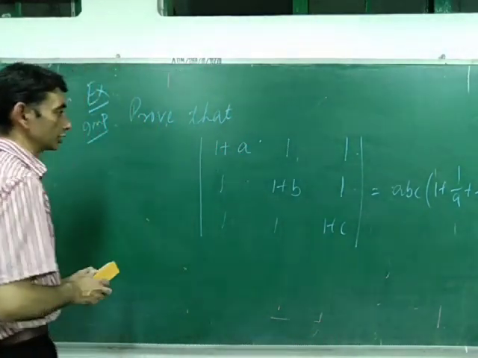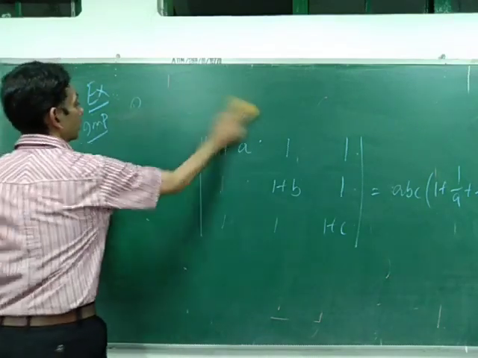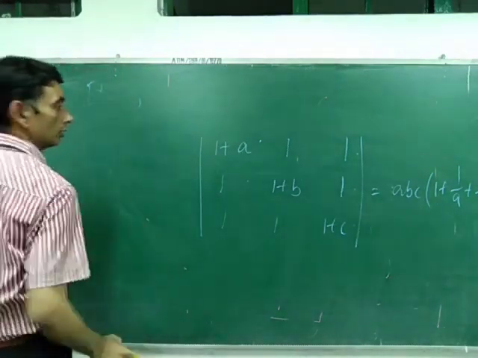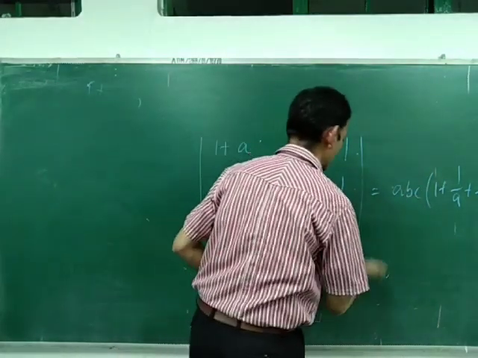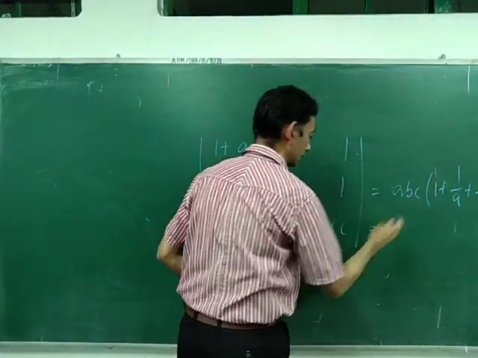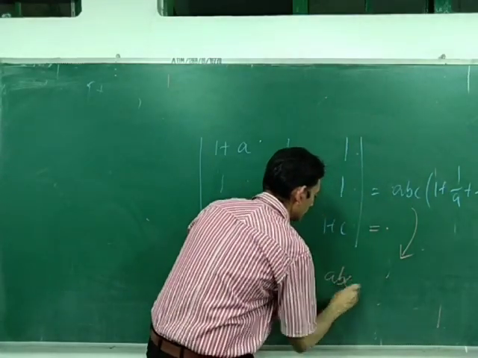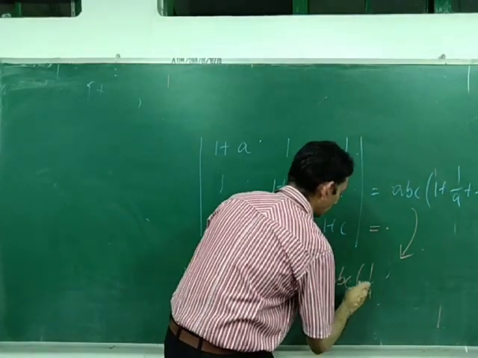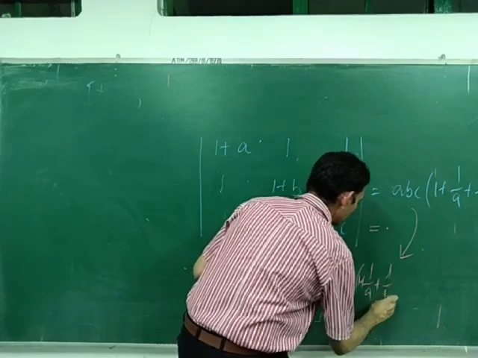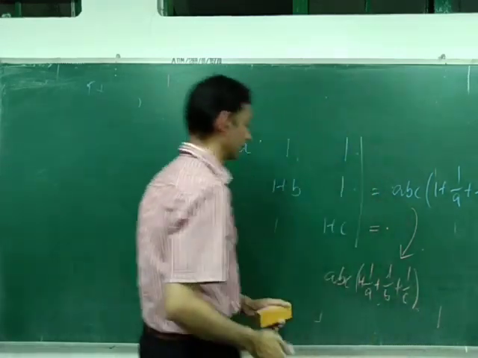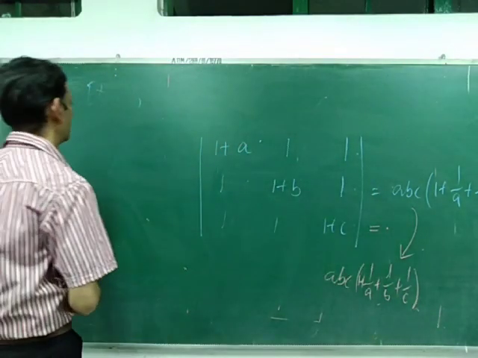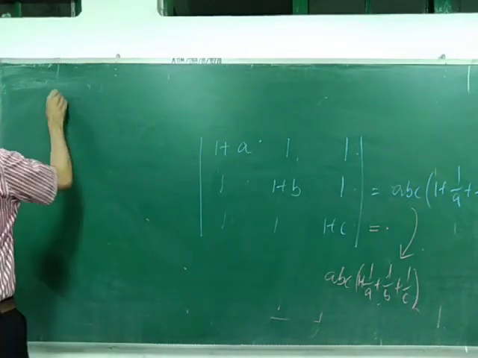Now how to prove this? I can write this expression down. We have to prove this as abc times (1 plus 1 by a plus 1 by b plus 1 by c). That we need to prove.